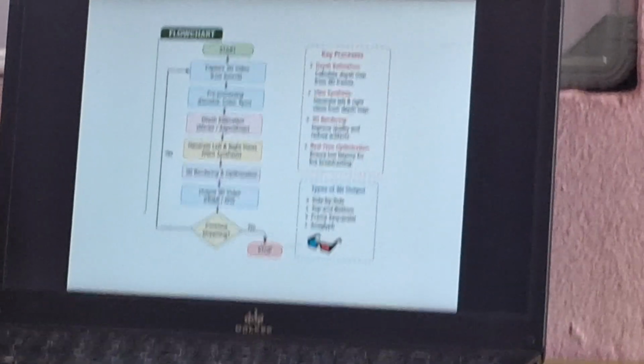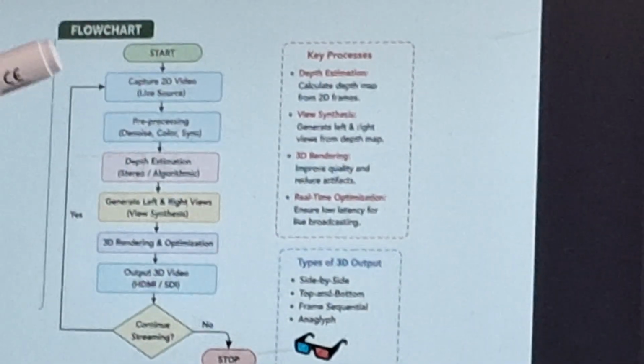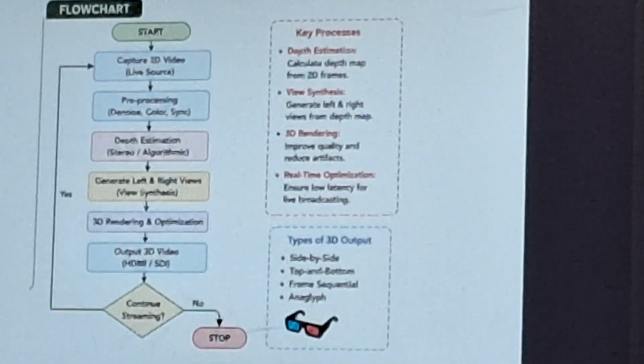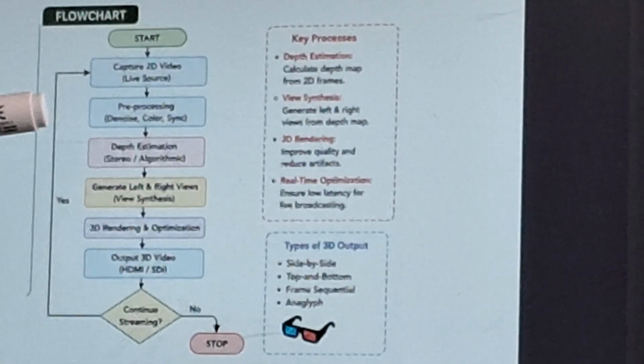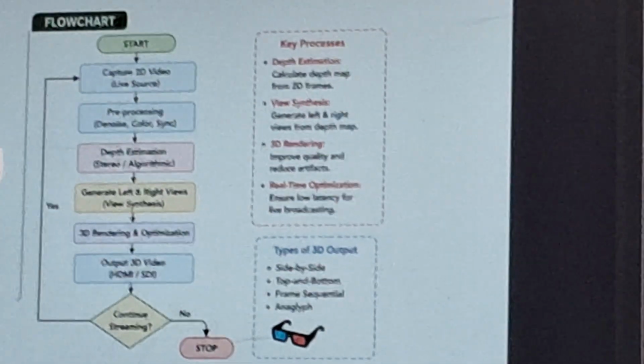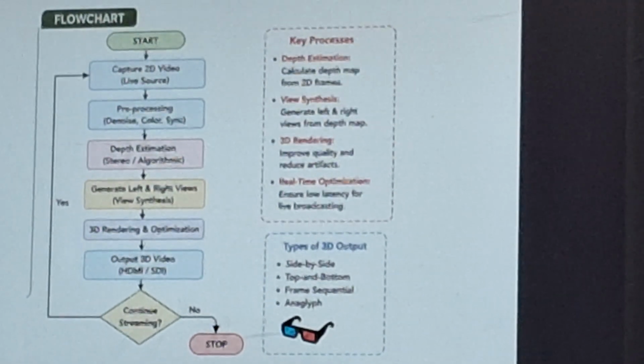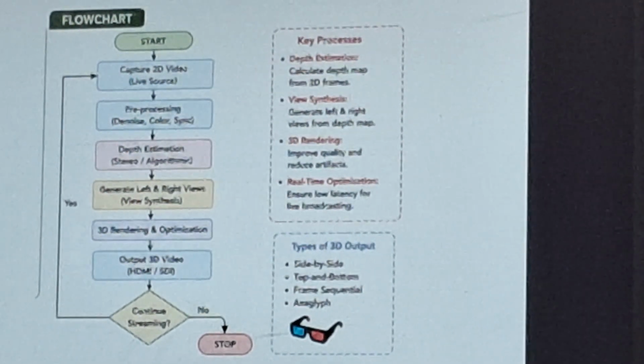In the flow chart, we can see the starting step is capturing the two-dimensional video, and the next step is pre-processing, and another step is depth estimation, and the next step is view synthesis, meaning how much a left eye can view and how much a right eye can view.